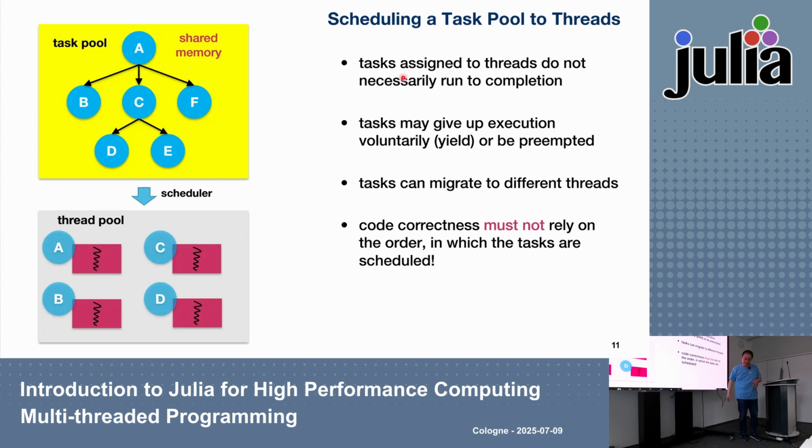So basically, it's fully dynamic, but for you, this is the most challenging part of multi-threading. You need to make sure that the code correctness is independent of the order of the execution of those tasks. This is sometimes very challenging.